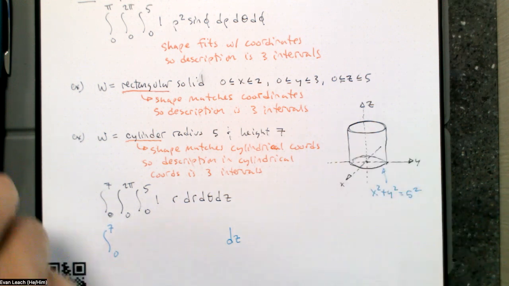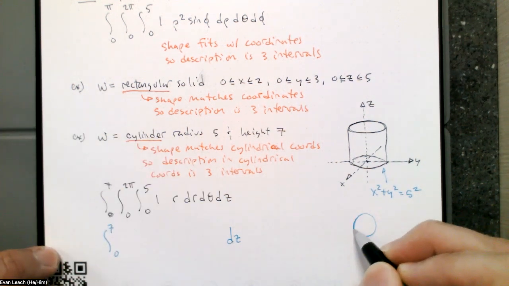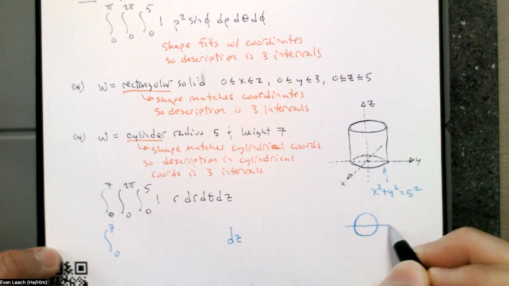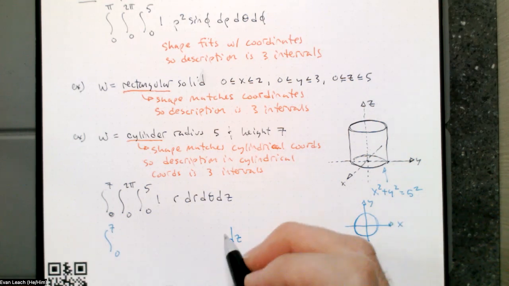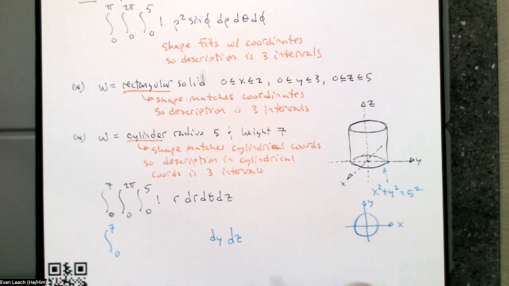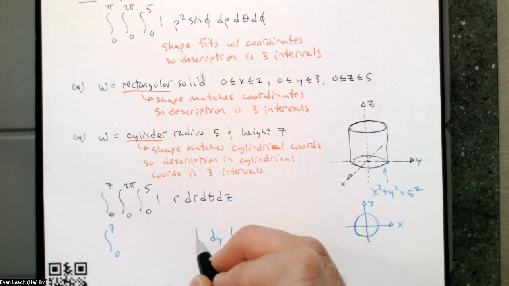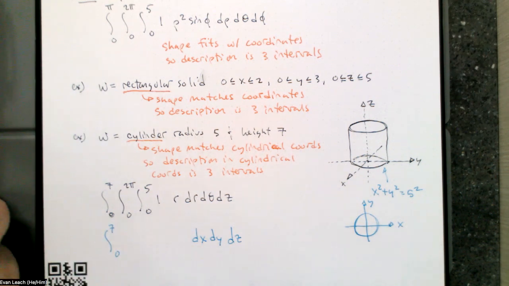But if we look at this circle from the top, if I want to put dy in here next, and I'm going to have a dx as well, I've got to say what x is between and what y is between.